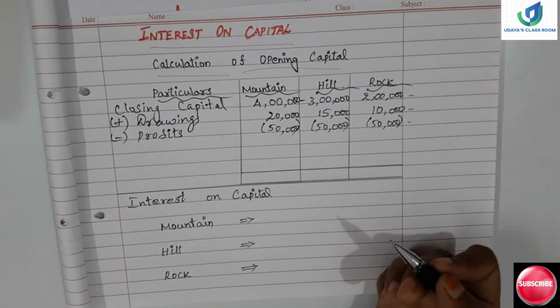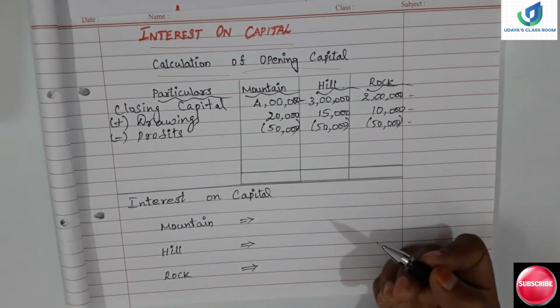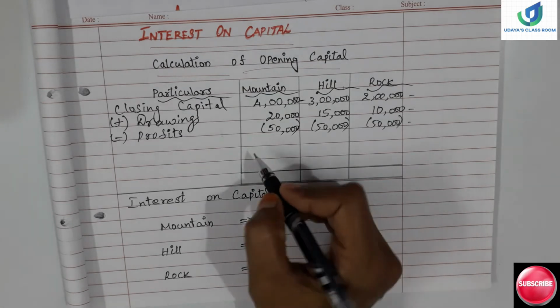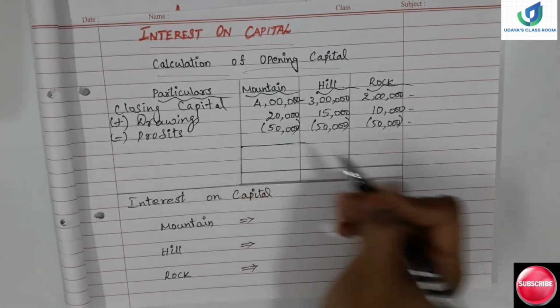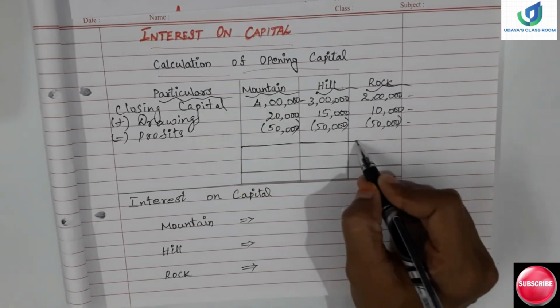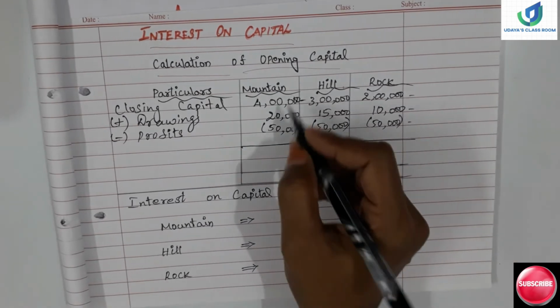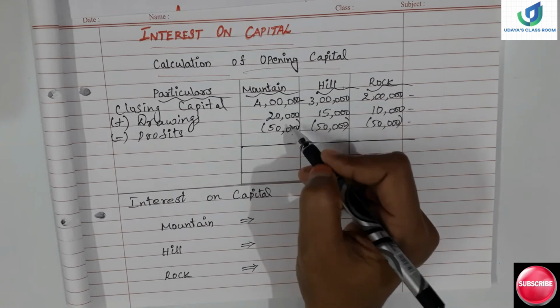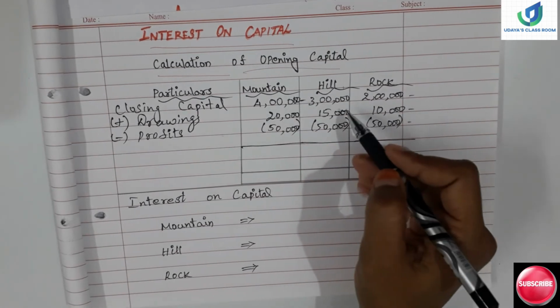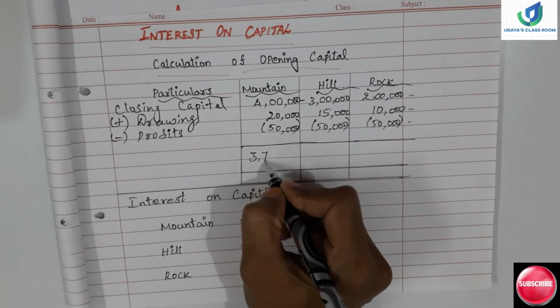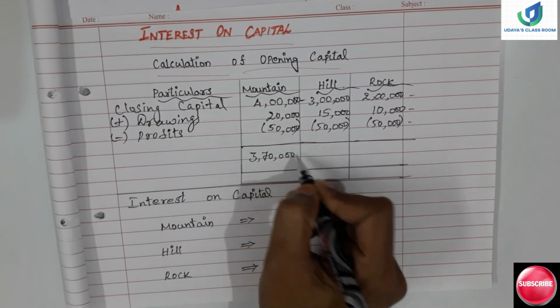Alright. Now all the elements we have written, we can balance them in order to find out the opening capital. 4,20,000 minus 50,000 gives 3,70,000.